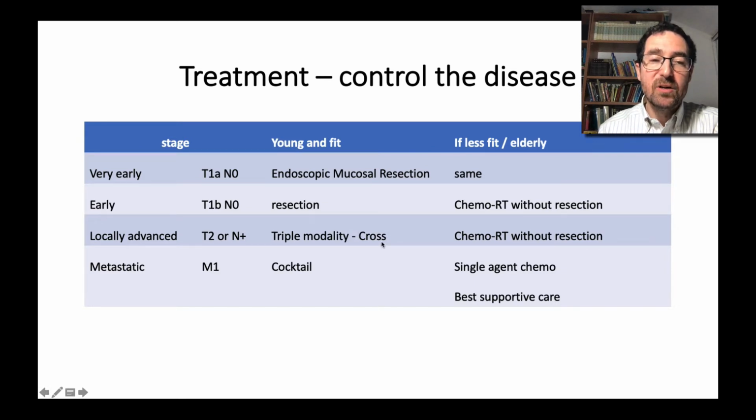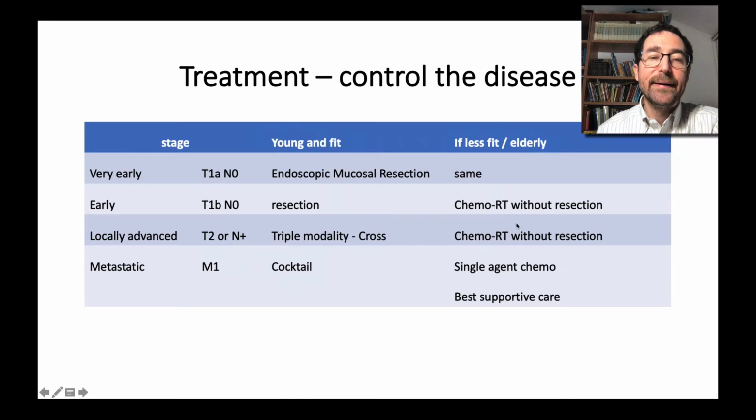We're going to talk about it in a moment. It's called the CROSS protocol. And then if you have patients who are metastatic, then the basic thing we give them is some kind of combination of chemotherapy. Everything I just said is for the young and fit. For patients who are less well or elderly, then we tend to say that triple modality therapy is too much for them.